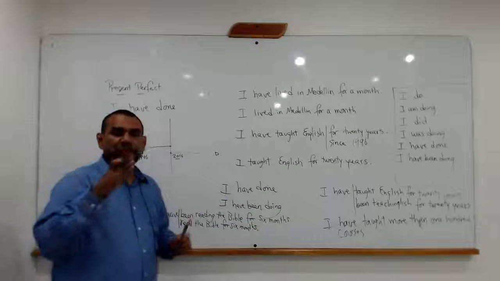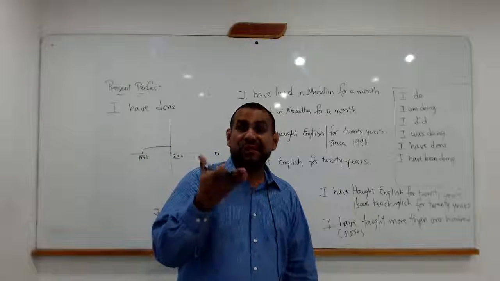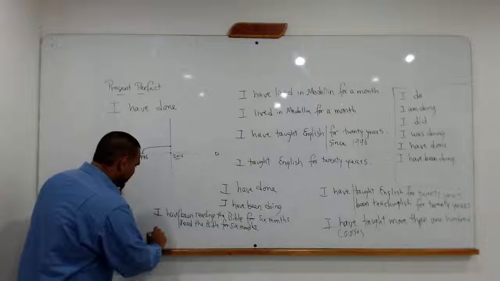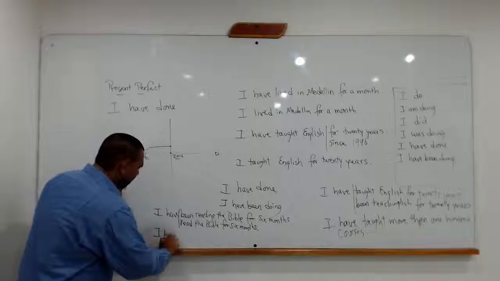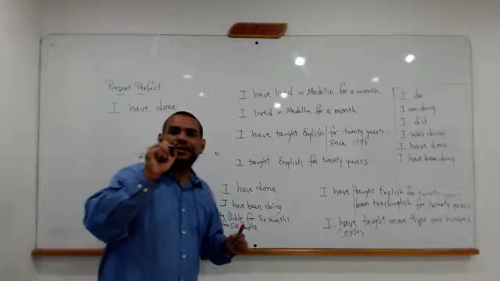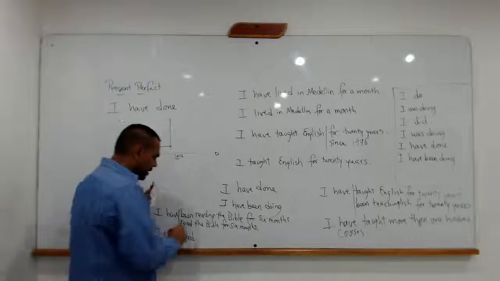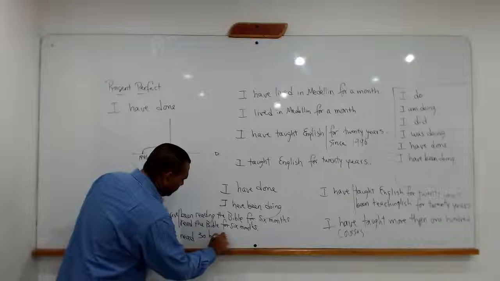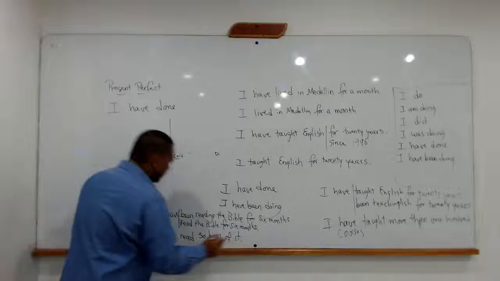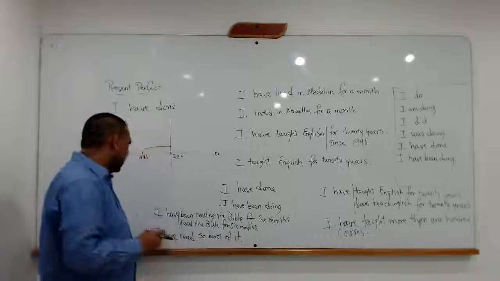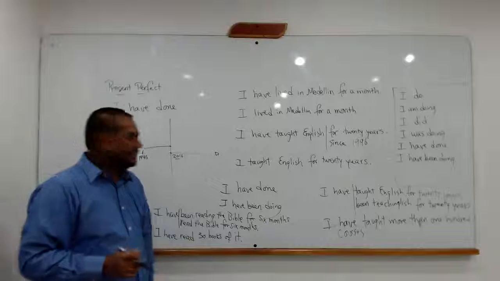But now let's refer to the quantity of books from the Bible that you have read. So you can only say, I have read, and not I have been reading. Only I have read 30 books of it. It, in this case for sure, will refer to the Bible. I have read 30 books of it.